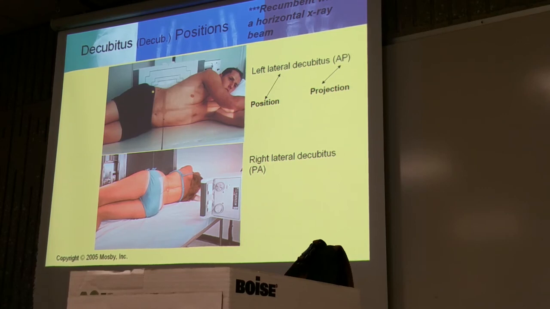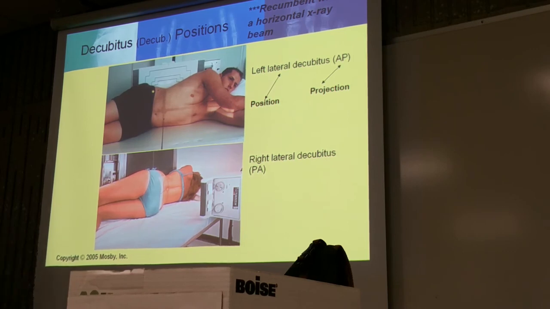That's the second part of a decubitus examination. Can you repeat that? The first one, the patient has to be recumbent. The second one, you need a horizontal beam. We're talking strictly about a decubitus examination. Those things need to happen.